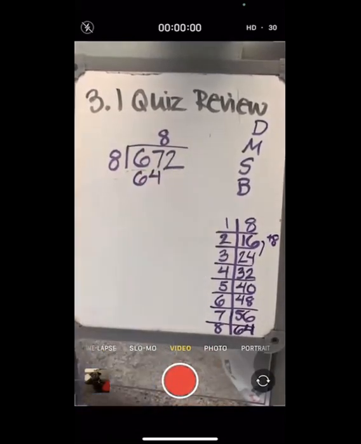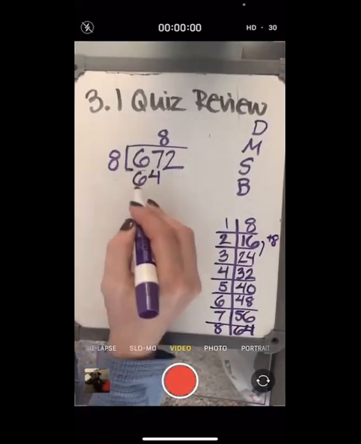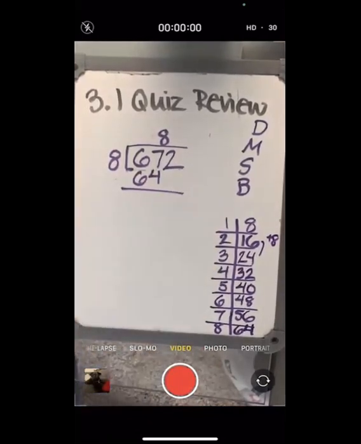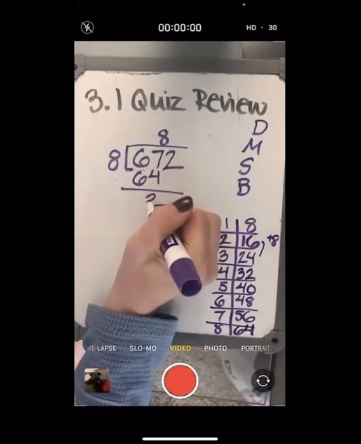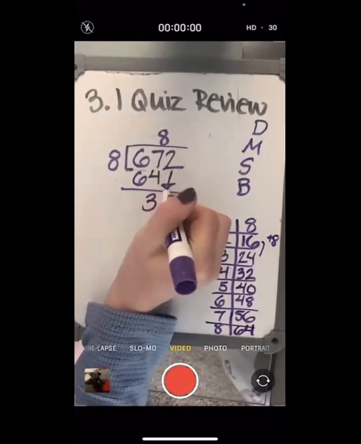Now I need to subtract. So I need to do 67 minus 64. What do I have now? So we'd subtract that and we'd be left with a 3. Drop down our 2.